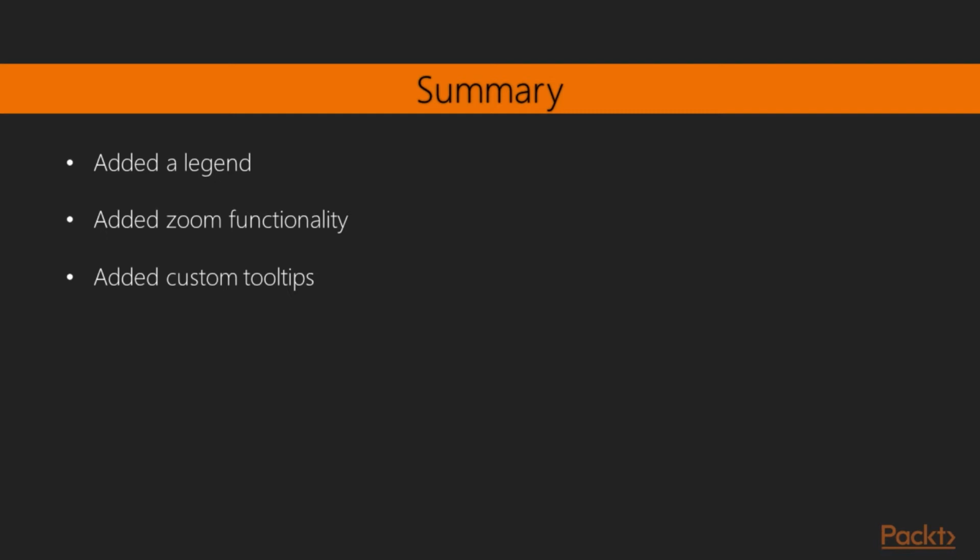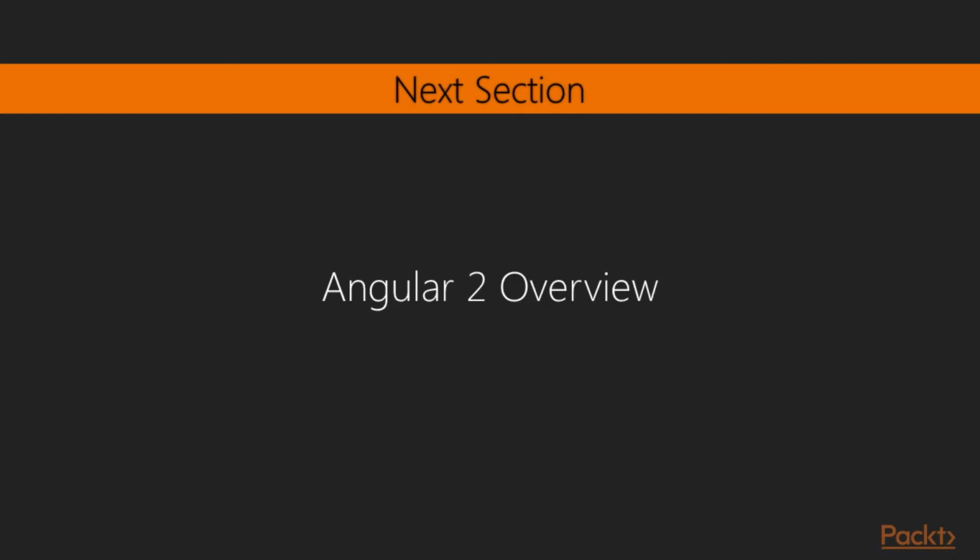We learned about detecting and reacting to user events such as click, mouse over, and mouse out. We learned about D3 transitions and easing functions, as well as D3.format for formatting numeric values. In the next section, we will be switching gears and going through an overview of Angular 2.